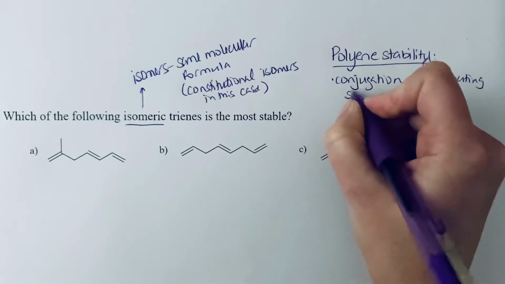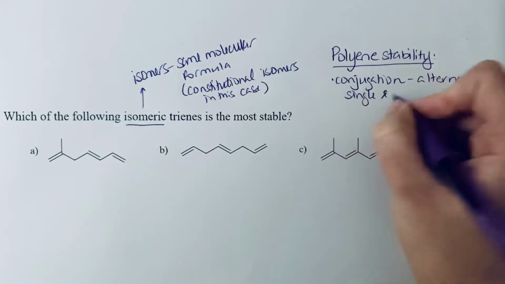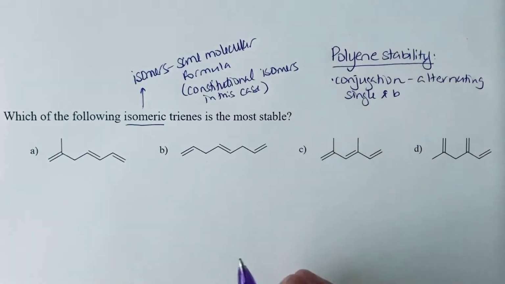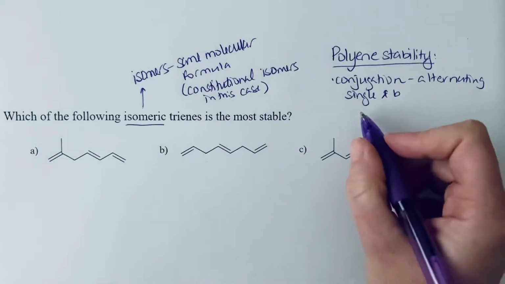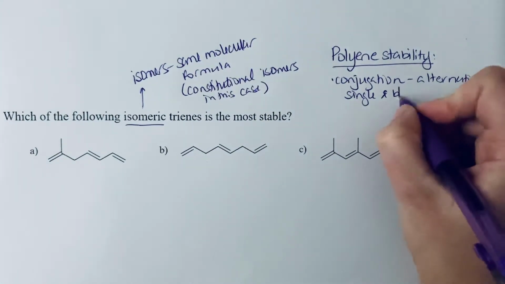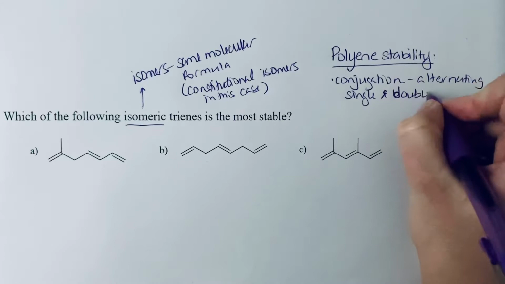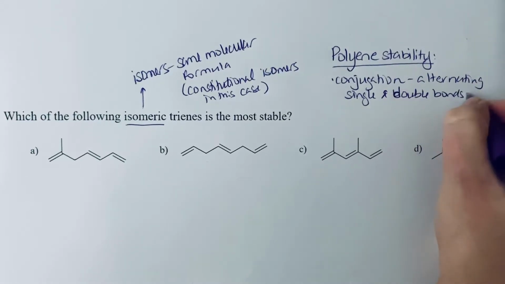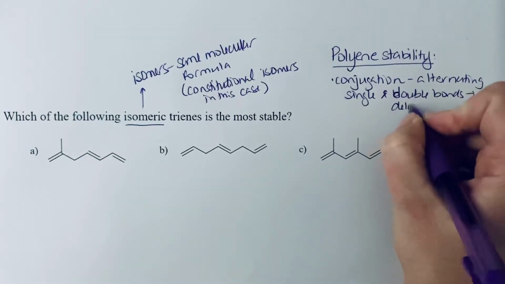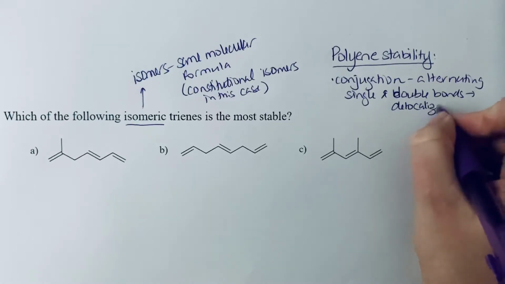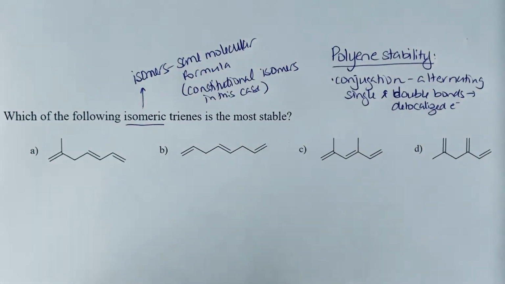And why this is important is that this allows for electron delocalization, and having delocalized electrons is associated with lower energy. So that's the first thing we're going to look for.